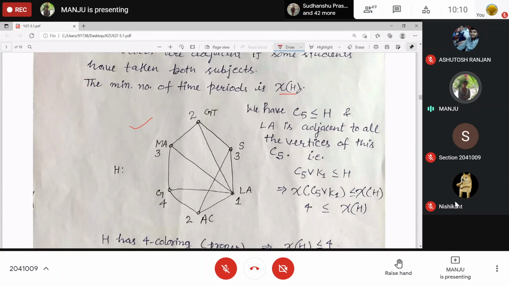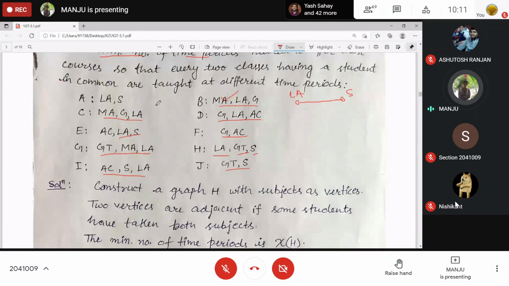Minimum coloring is the chromatic number of this graph. Try to find the minimum coloring for this graph and you will get it. Okay, so the chromatic number for this graph we got as 4. So we need 4 lectures, or you can say 4 time slots, to offer these 6 courses, such that every student, whatever he or she has opted for, can attend all the courses that he has chosen.